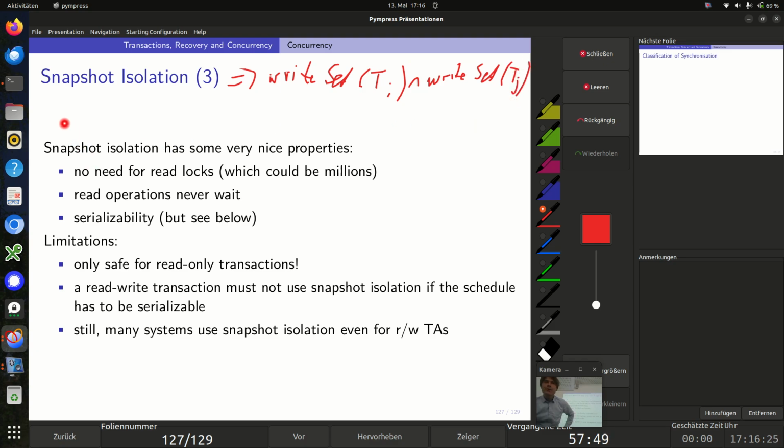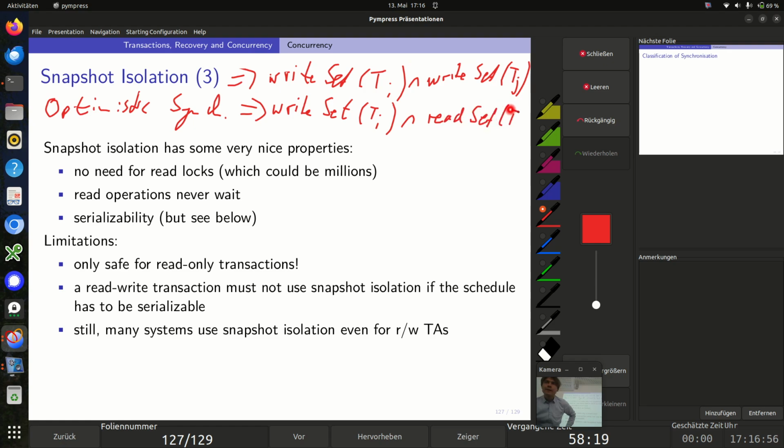And there's another approach, just optimistic synchronization. And actually what you do here is you compare your write set not only to the write set of the others, but also to the read sets of the others.